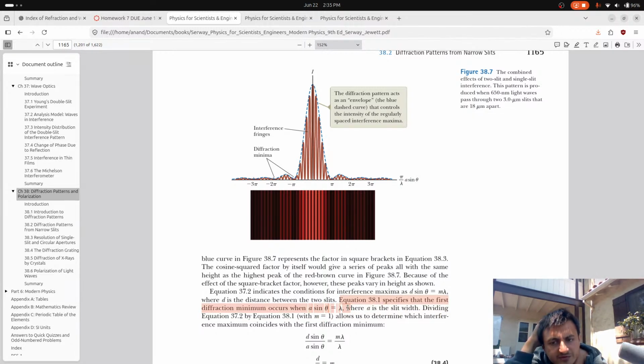Equation 38.1 specifies that the first diffraction minimum occurs when a sine theta is equal to lambda, where a is the slit width. Dividing equation 37.2 by equation 38.1 with m equal to 1 allows us to determine which interference maximum coincides with the first diffraction minimum.